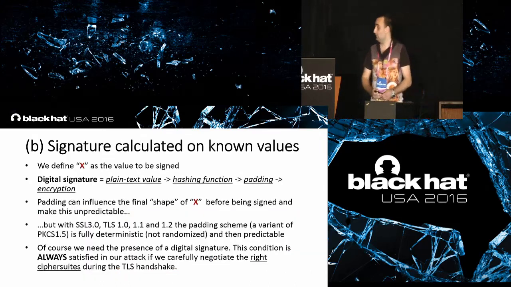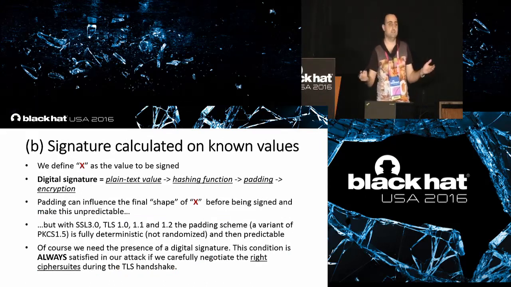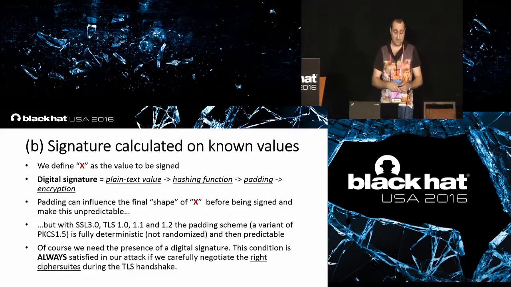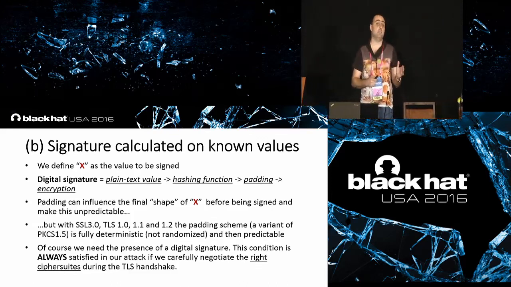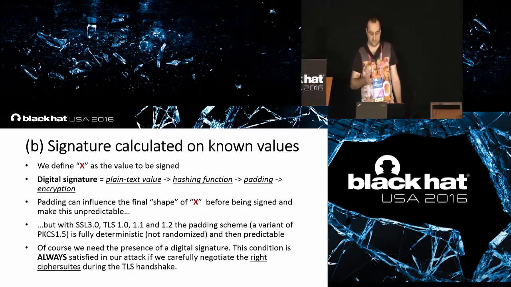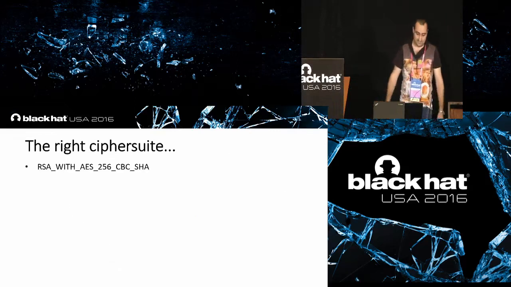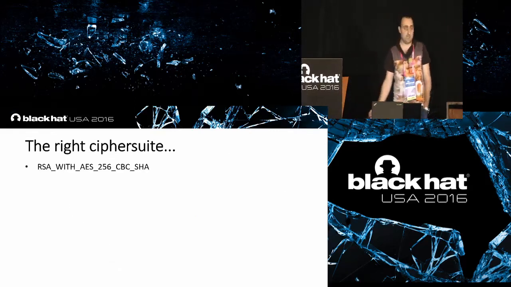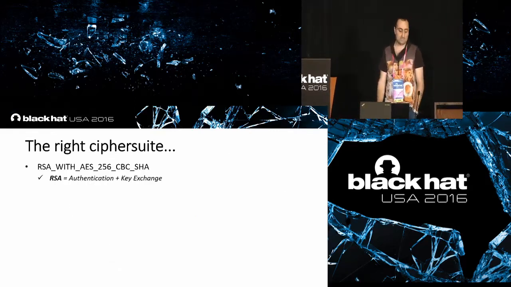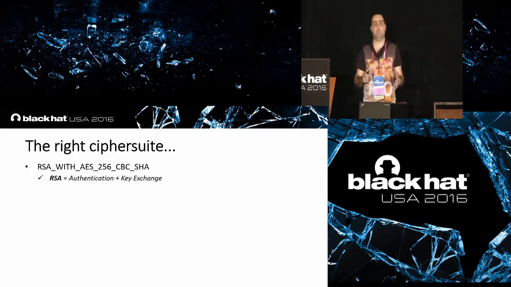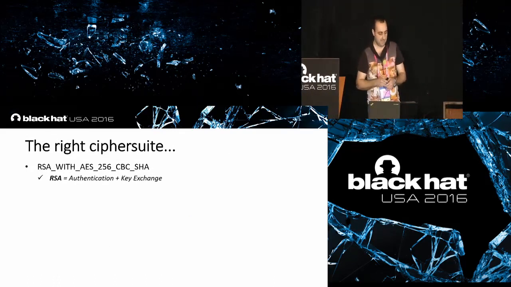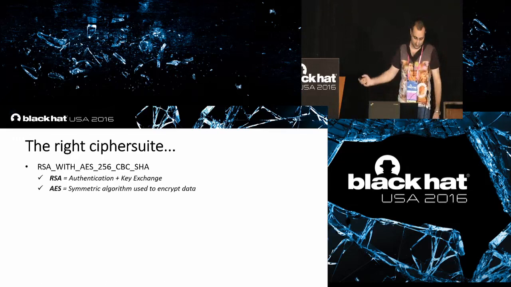And of course, we require the presence of a digital signature somewhere in the TLS handshake. And this condition is always satisfied if we carefully negotiate the right cipher suite. For example, let's see what happens when we negotiate this cipher suite. Basically, RSA here is used both for authentication and as a key exchange mechanism.